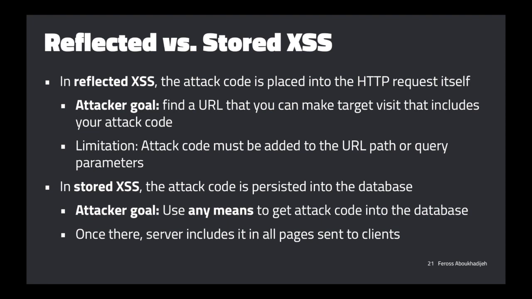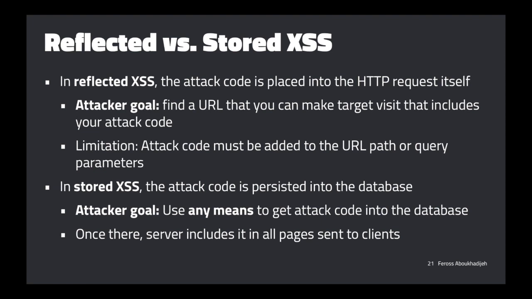So what does this mean? Let's say, hypothetically, the server is looking at an HTTP header and taking that value and putting it in the database. There's no way I could send a link to my target and get them to click it and add an extra HTTP header to it, right? So I couldn't do something like that with reflected.